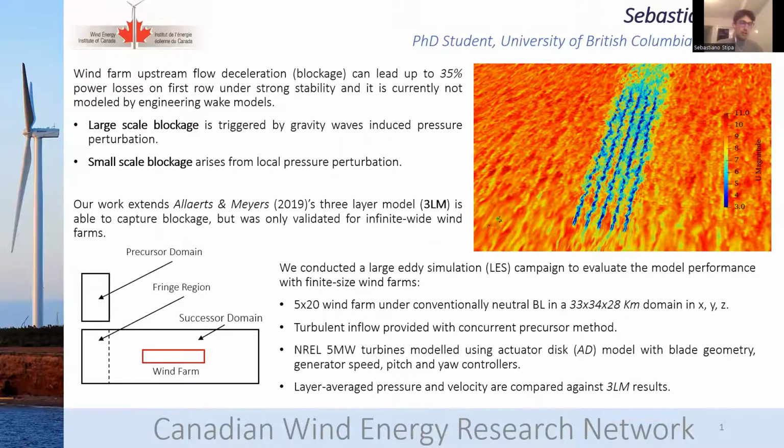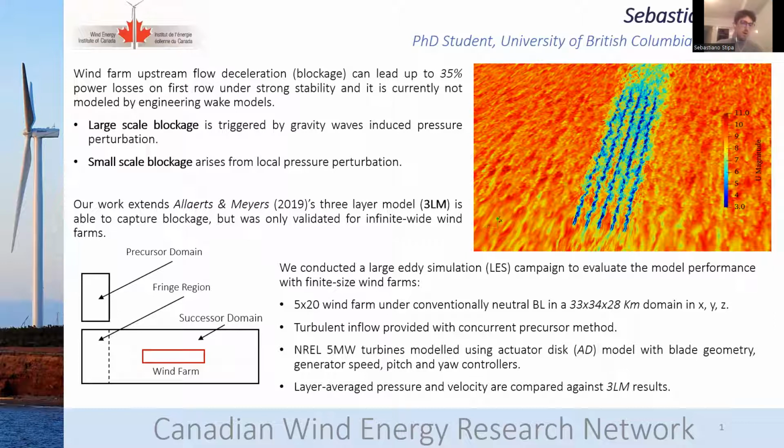Currently this is achieved through low-cost engineering models, given the high amount and types of analysis required, so different wind speeds and directions, because it's not doable with high-fidelity simulations such as CFD or LES.